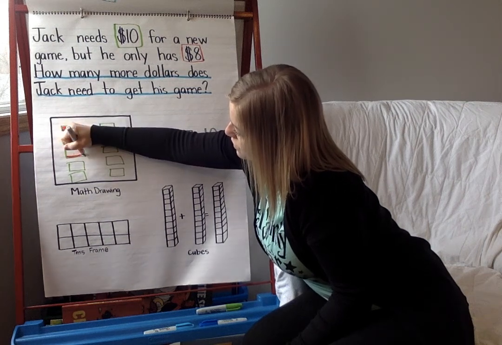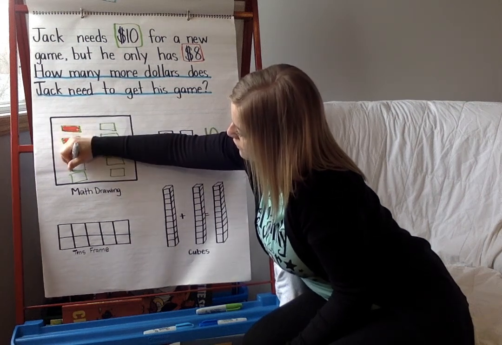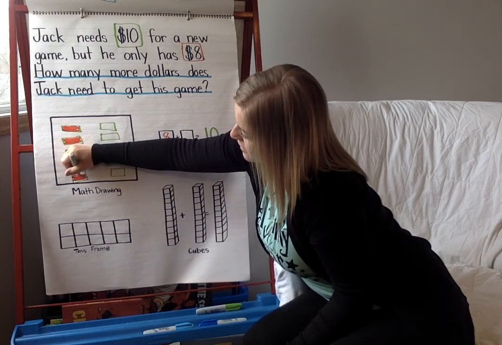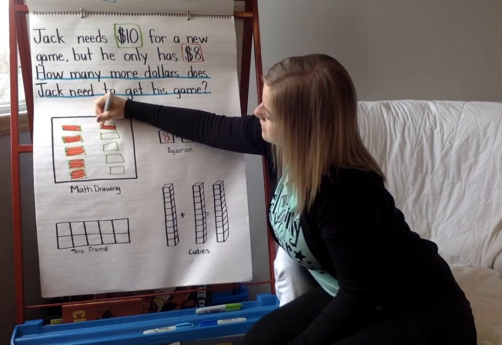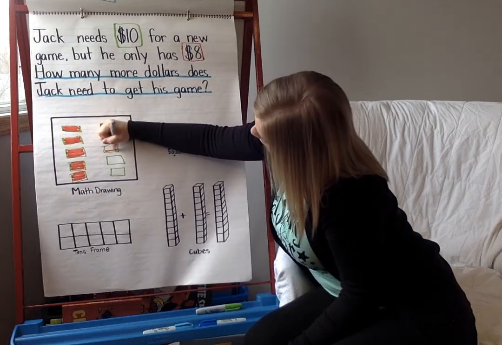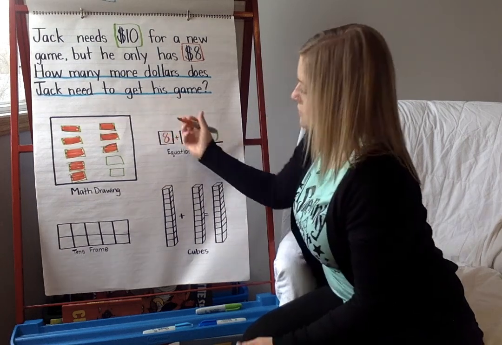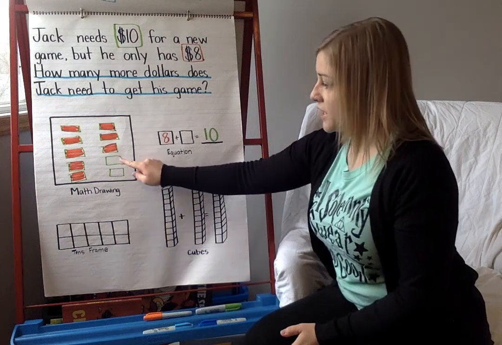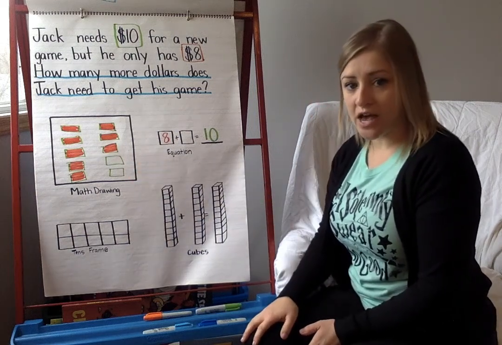1, 2, 3, 4, 5, 6, 7, 8. To find the missing partner, we can count how many dollars we haven't colored in.